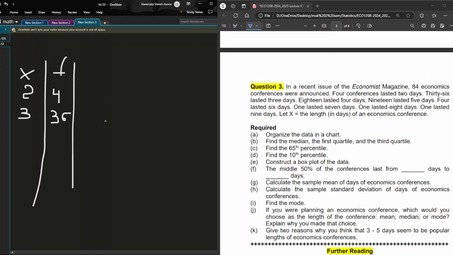These are economic conferences, so 36 conferences lasted 3 days.